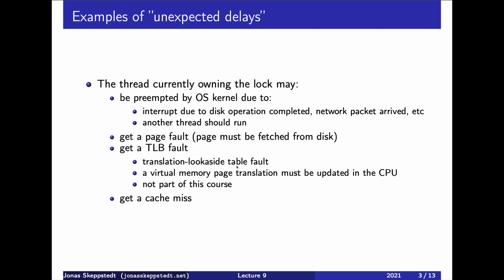A more complex thing is virtual memory, which is not part of this course. Virtual memory lets different processes use the same address without using exactly the same physical memory in the machine. The programs don't know which physical address is used, and there is a translation.